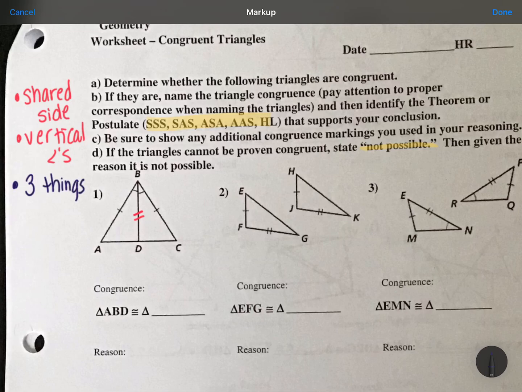I feel like I'm on The Price Is Right. Do I have 3 numbers correct? All right, anyways. 3 things marked. Because if you don't have 3 things marked, then you don't have enough information. I need to have 3 things, whether it's 3 sides, 2 sides and an angle, 2 angles and a side, or hypotenuse and a leg with it being a right triangle.